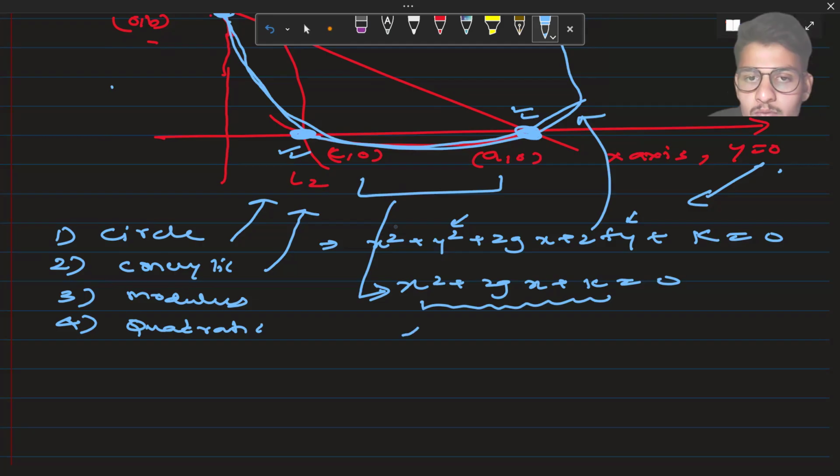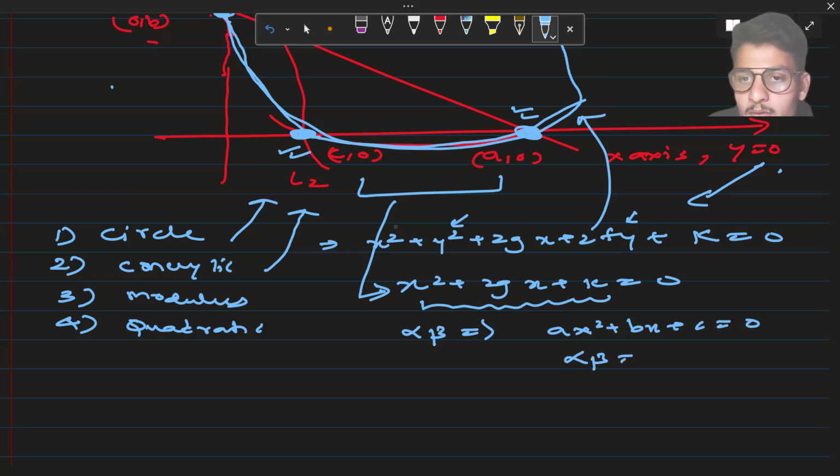So what is the product of the roots alpha and beta? If you remember the quadratic equation ax square plus bx plus c, there alpha into beta was c upon a, and here c is k and a is 1. So here the roots are a and c, so the product will become k.